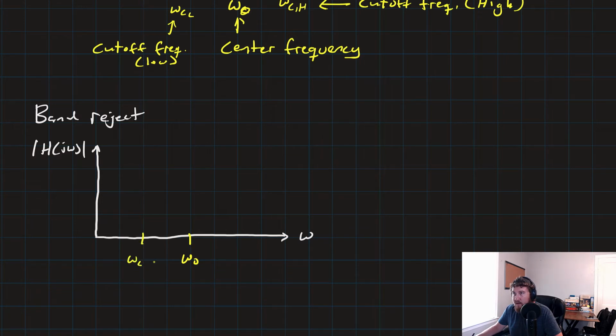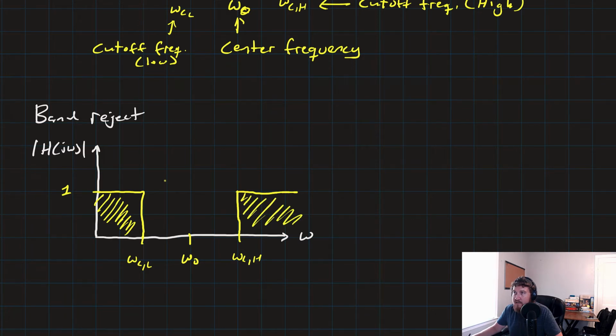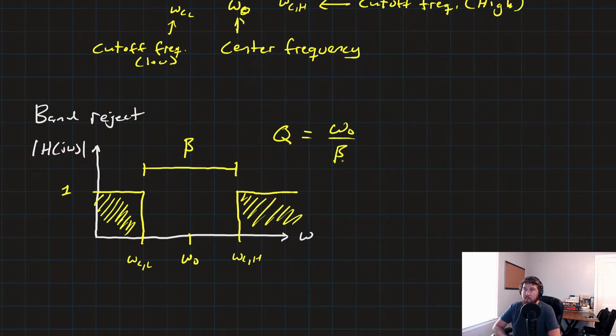We still have a cutoff frequency low and a cutoff frequency high. Except this time, we're going to accept everything outside of this range. So we want to eliminate a specific frequency and let everything else pass through. And it still has the same things. The width of this channel is still our bandwidth. And we still have our quality factor Q, which is equal to the center frequency divided by the bandwidth.